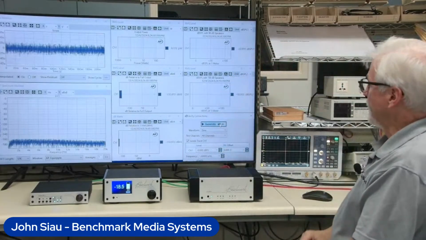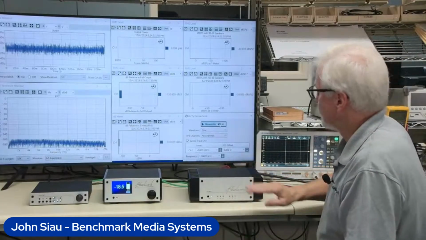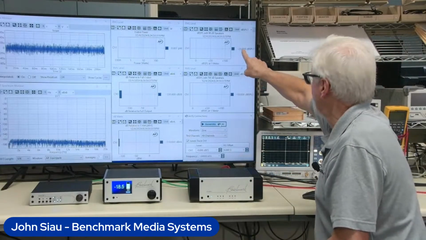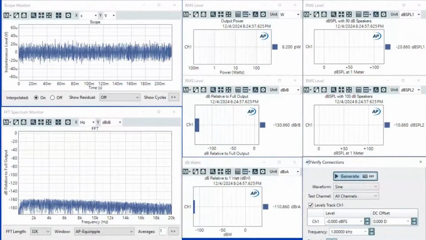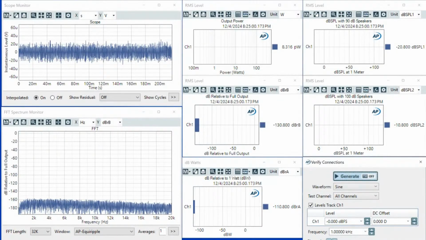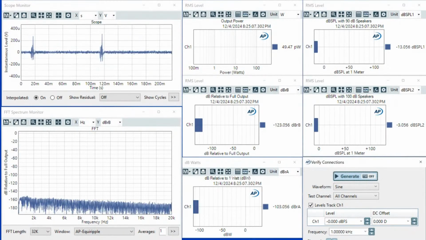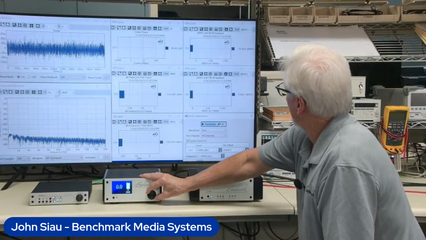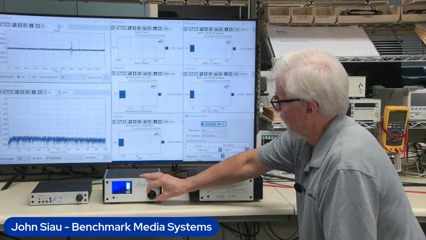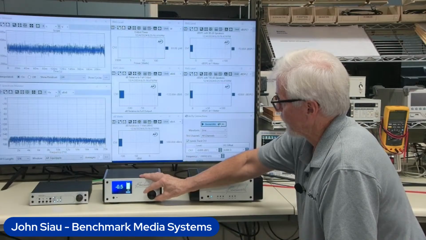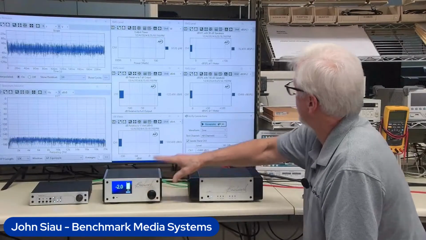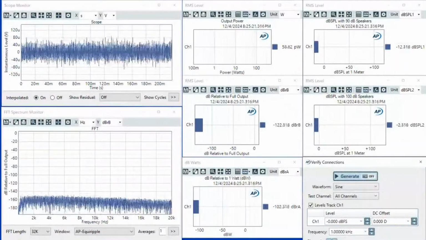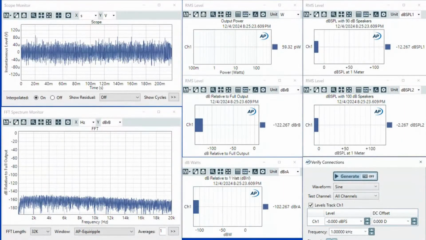If I turn the signal off, and the signal is off right now, we can see that the output noise out of my speakers is minus 20 dB SPL. In other words, it's 20 dB below audibility. And as I turn the LA4 up, we get closer to the performance that we had with the DAC directly connected to the amplifier, minus 12.